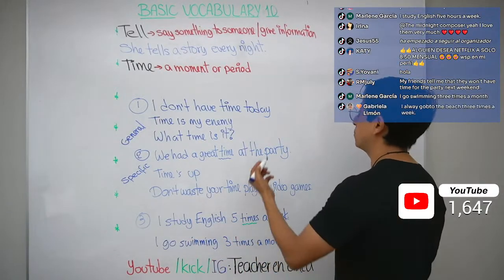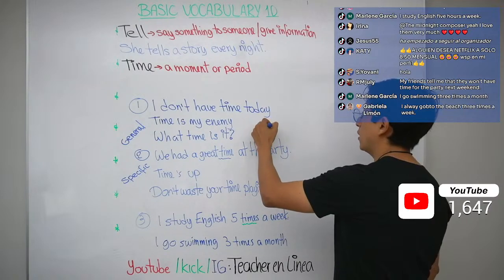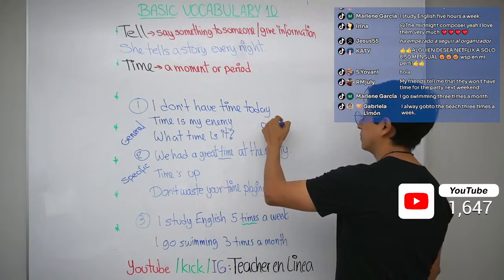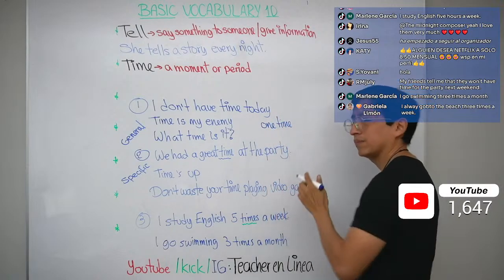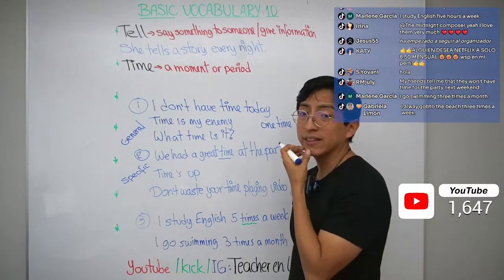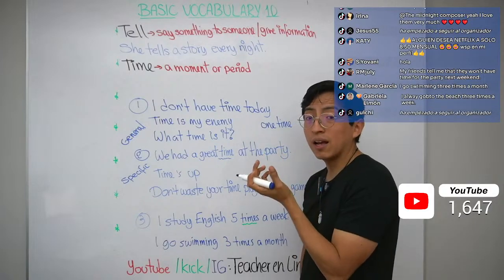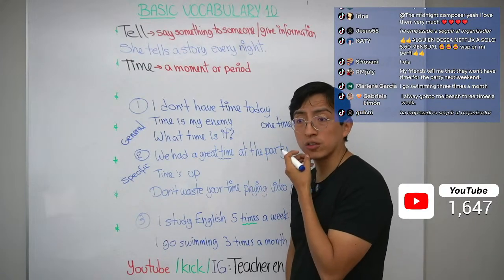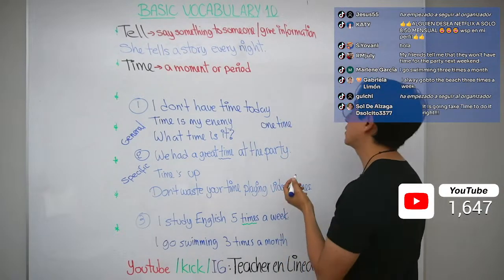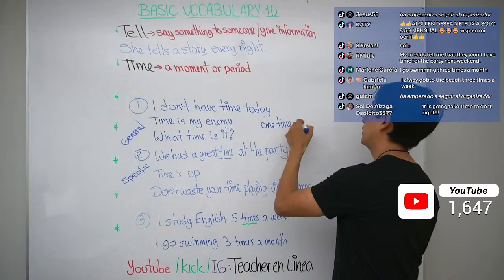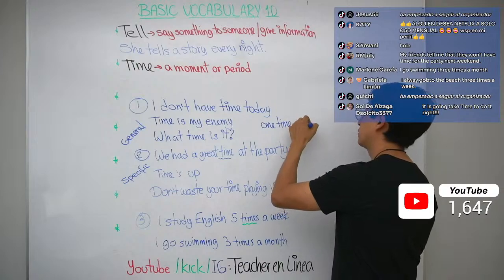For example, is it possible to say one time? What do you think? Or what is the expression that we should use here? Instead of saying one time, we say once.